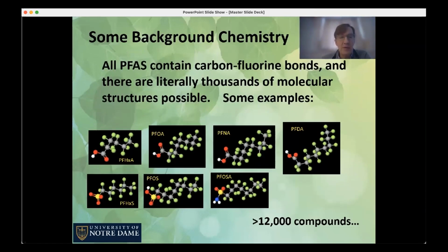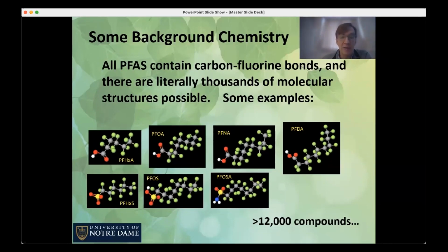Some background chemistry, just to get us all on the same page: they have a long chain of carbon, in gray, with fluorine in green in this particular style of looking at them. They have these long chains that are very water repellent, and then a head group, which is either a carboxylate or carboxylic acid on top, or a sulfonate or sulfonamide on the bottom.